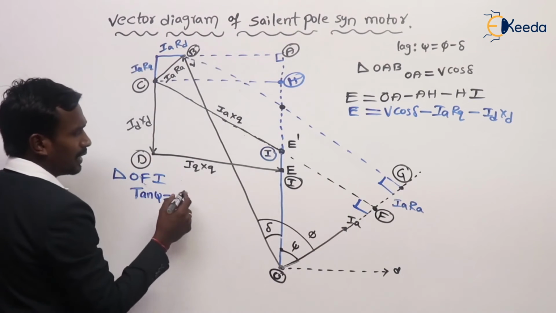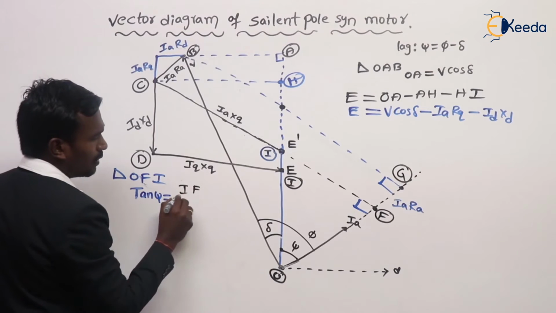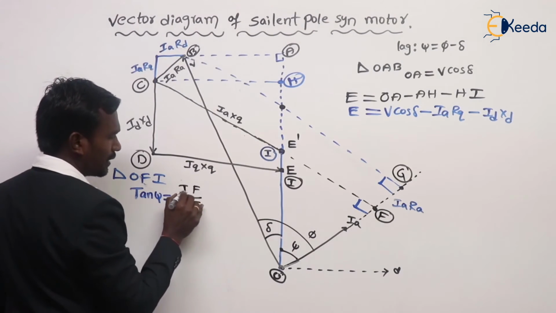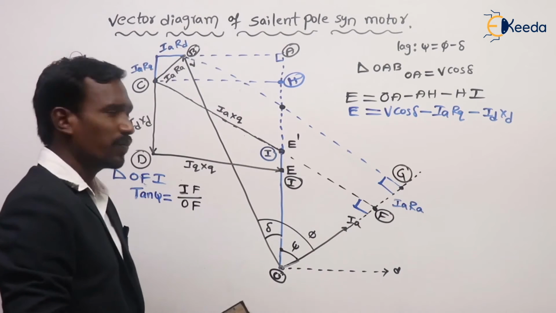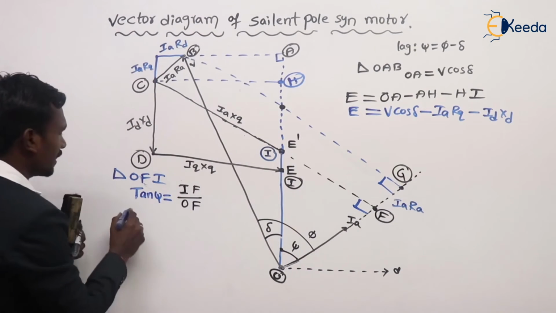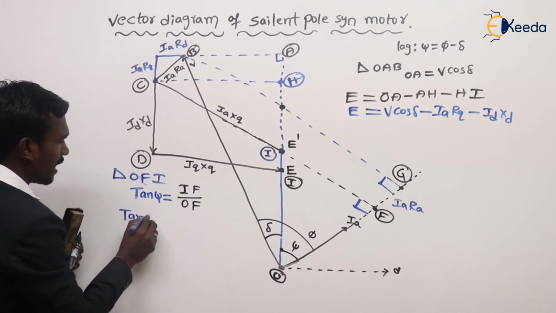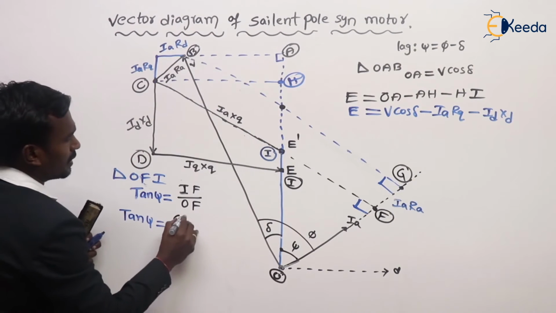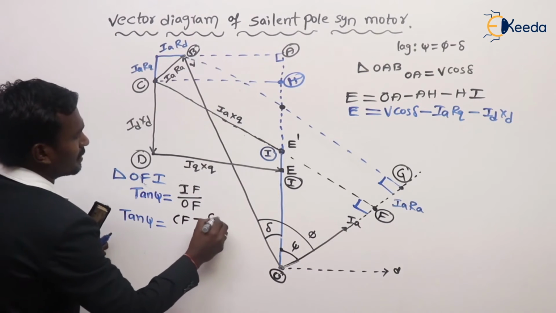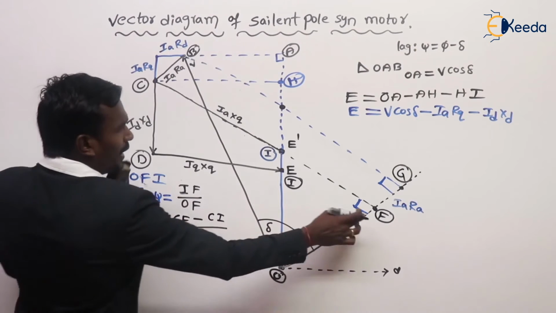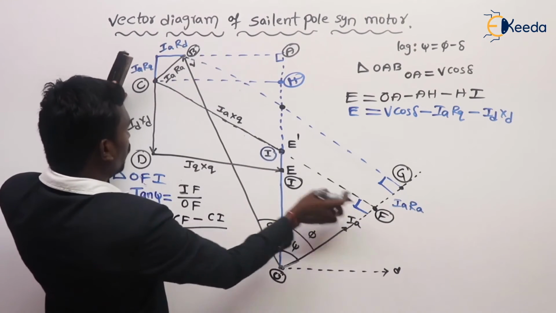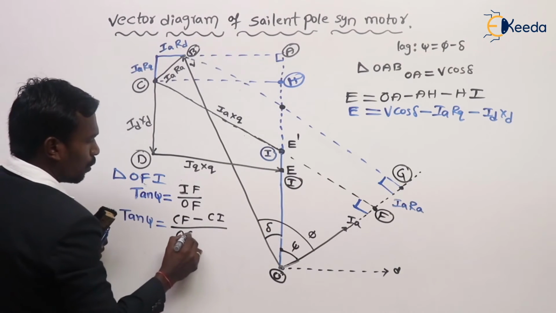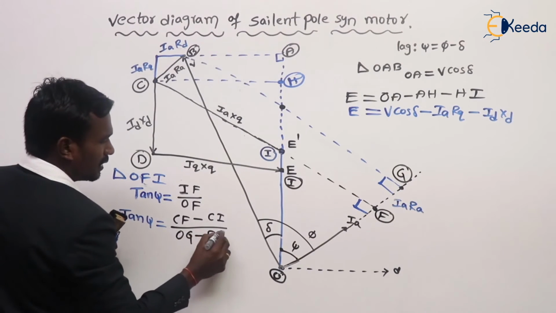So what is opposite here? Opposite is IF upon adjacent is OF. So calculate these two. Here IF is nothing but CF minus CI, upon OF, which is nothing but OZ minus FZ.